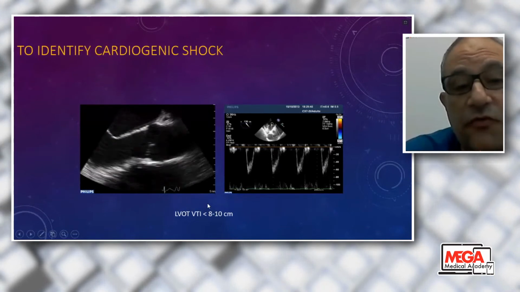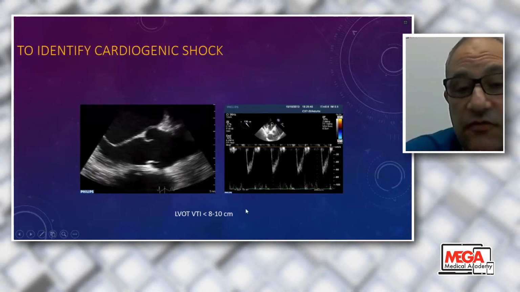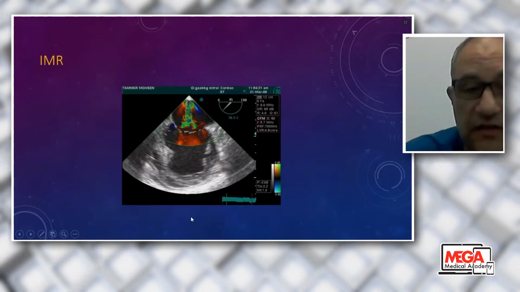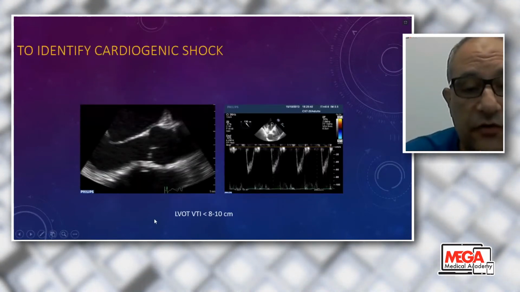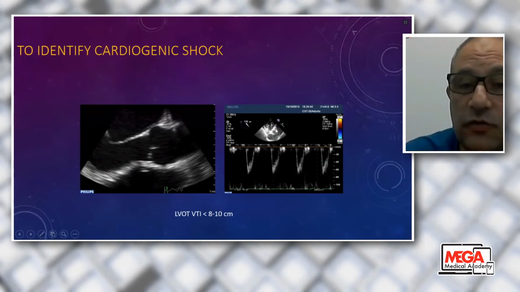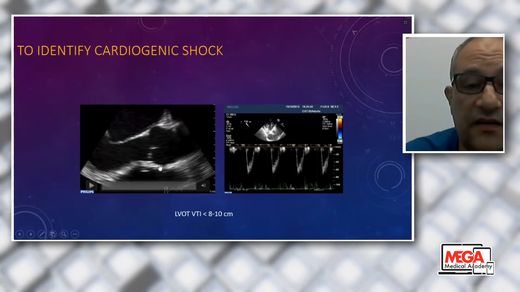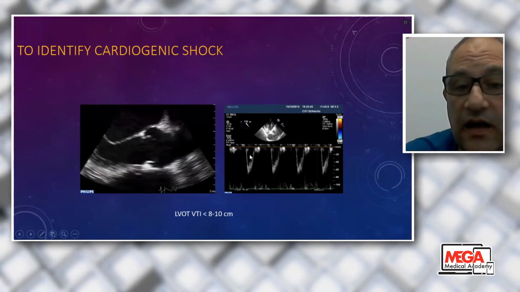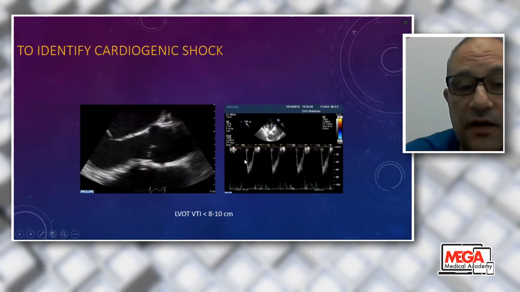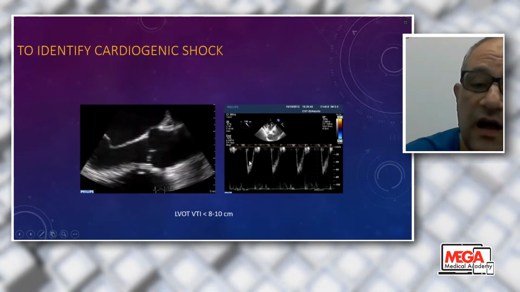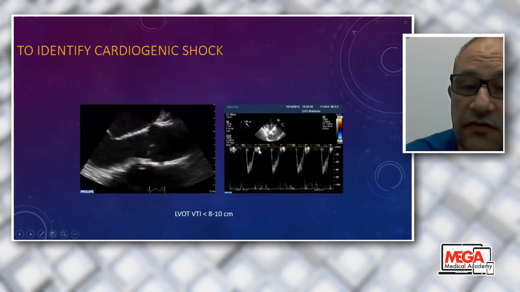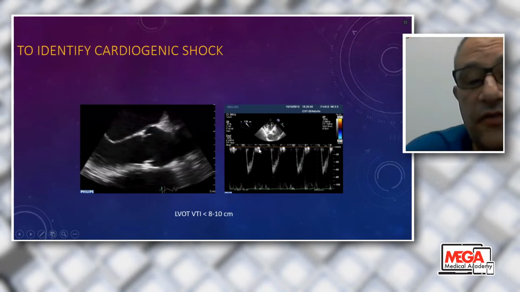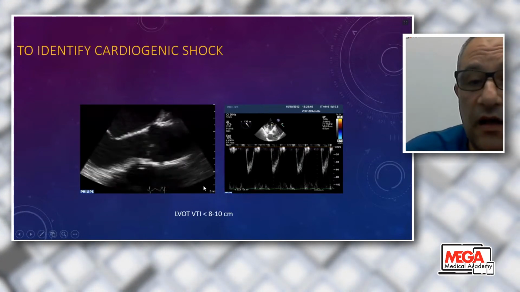One important measure of contractility that is evolving and easily used intraoperatively is the left ventricular outflow tract VTI. I apply the Doppler across the left ventricular outflow tract, and I'm having a curve, the Doppler flow across the LVOT. I trace this curve to have the velocity time integral.